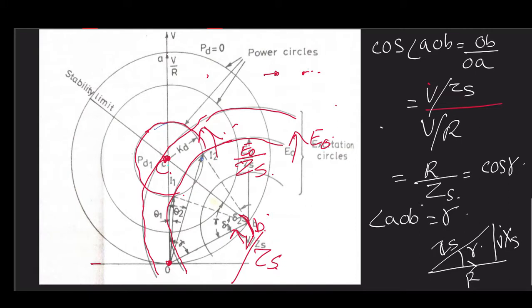And accordingly, for a constant E naught and constant P, here our PD1, we are getting two values of current. One is I1, another one is I2. So for I1 and I2 we have the same power, but for these two we found that the power angle is delta 1 for one and delta 2 for the other.